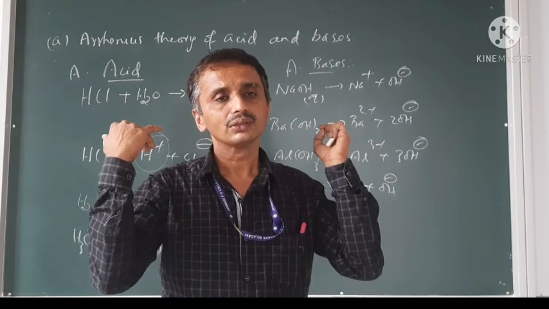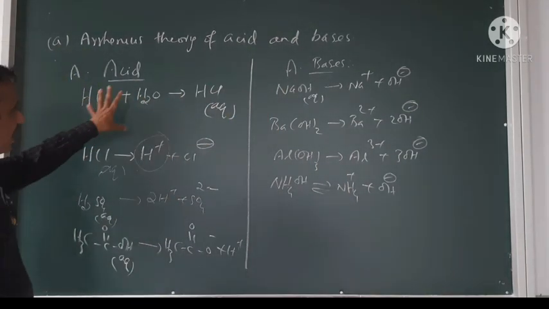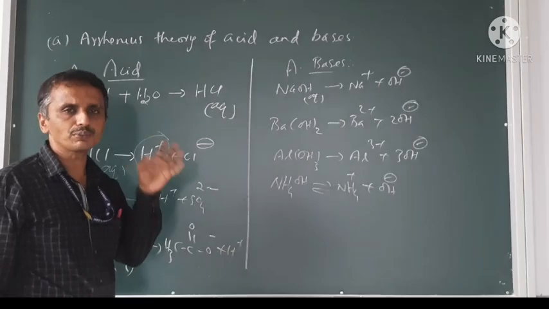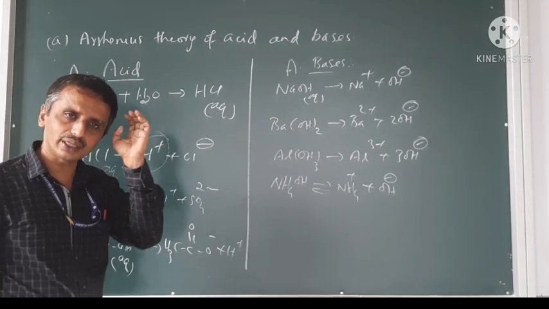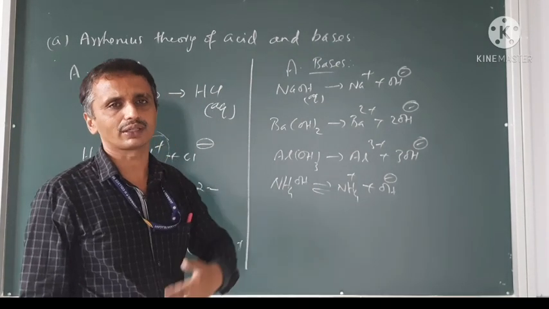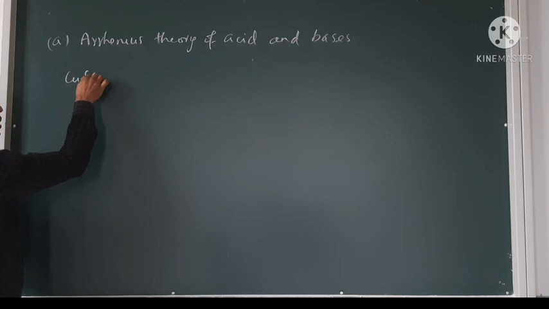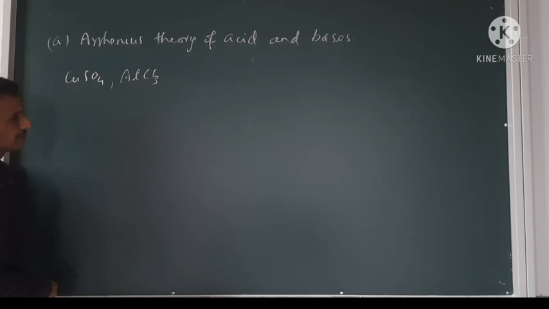So there are drawbacks. One thing is that if they can donate H plus or OH minus, I can say okay, this is an acid, this is a base. So certain merits are there, but demerits also. Copper sulfate is acidic. AlCl3 is acidic.